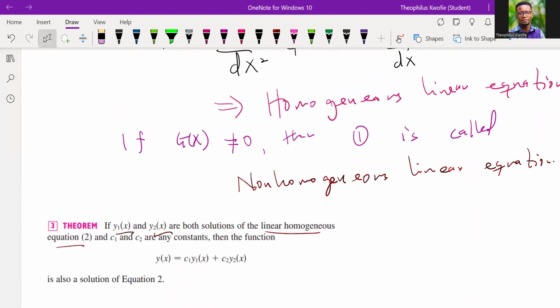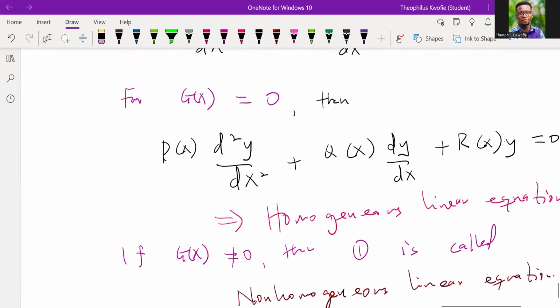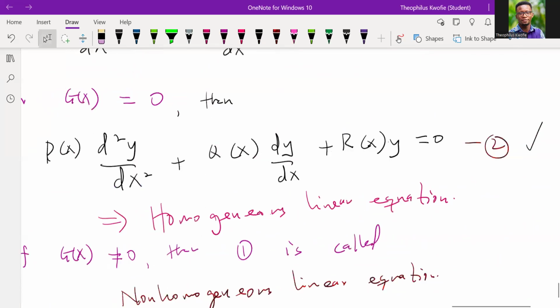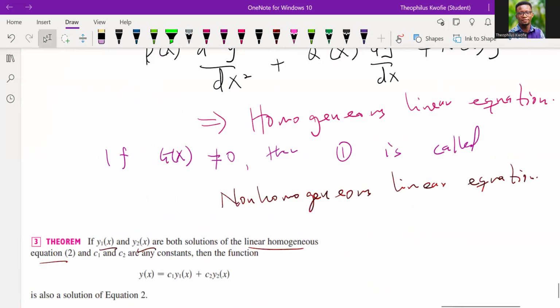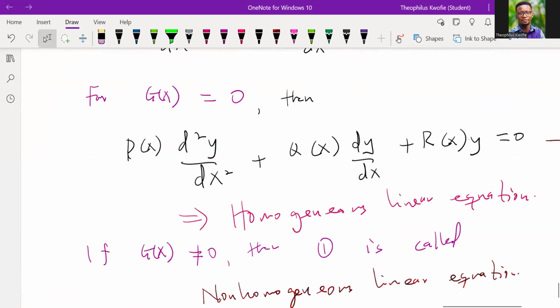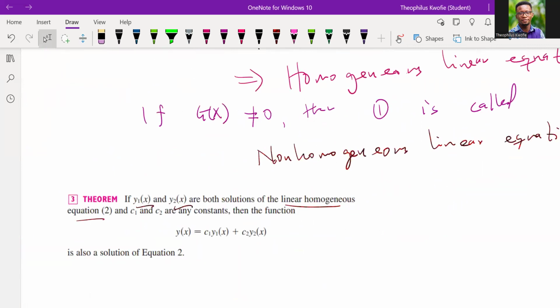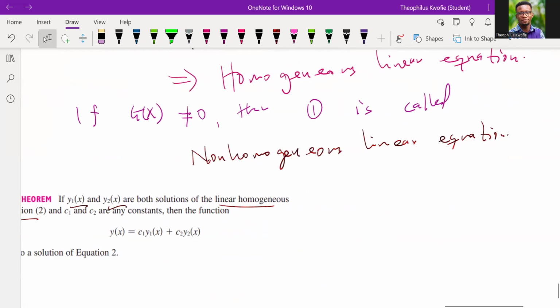So if y1 and y2 are both solutions of the linear homogeneous equation, we are referring to this particular equation. If they are solutions of equation two, then we are saying that their linear combination also forms a solution of equation two, okay?